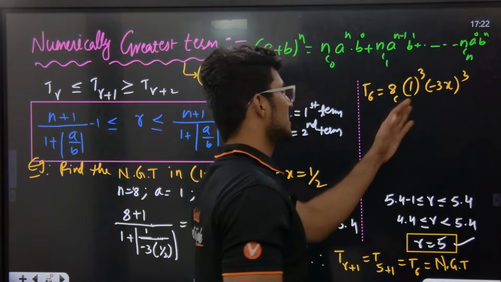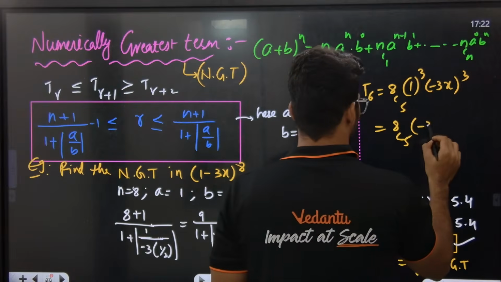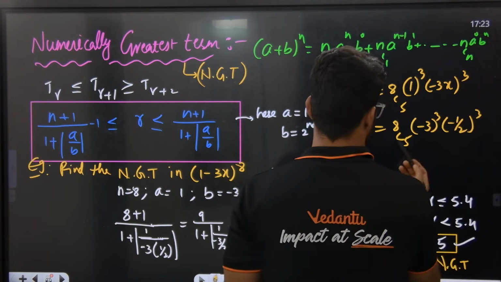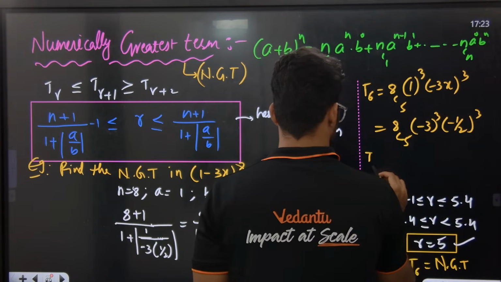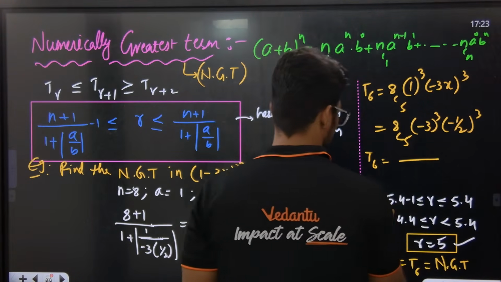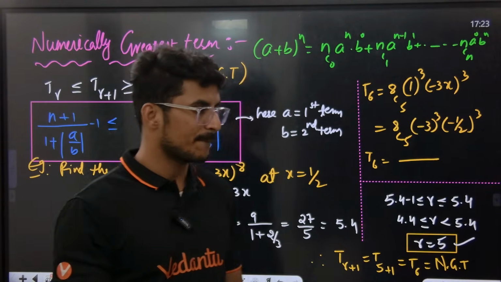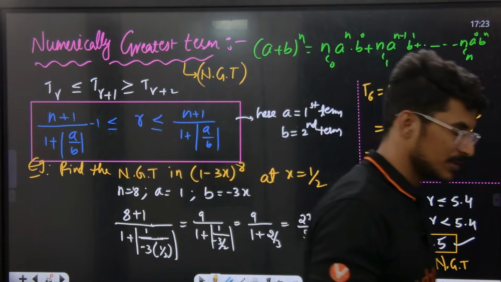Here they have given the x value as 1 by 2, so 8C5 times minus 3 to the power of 3, times 1 by 2 to the power of 3. Simplify this and you will get the T6 value, that's it. So the sixth term is the NGT here. Are you getting the point or not? Tell me. Do you all understand?